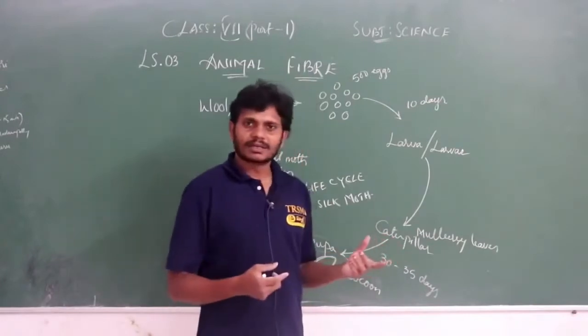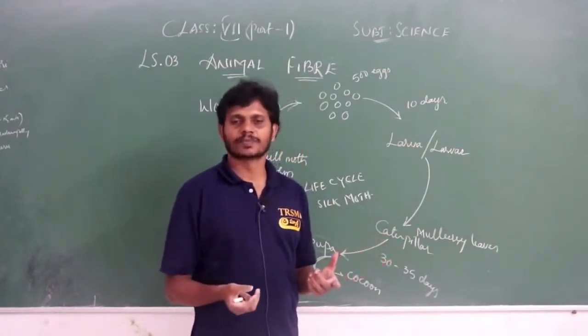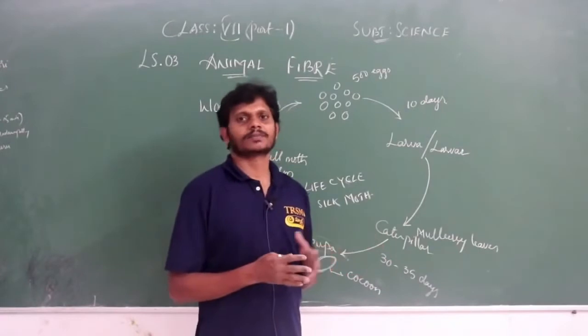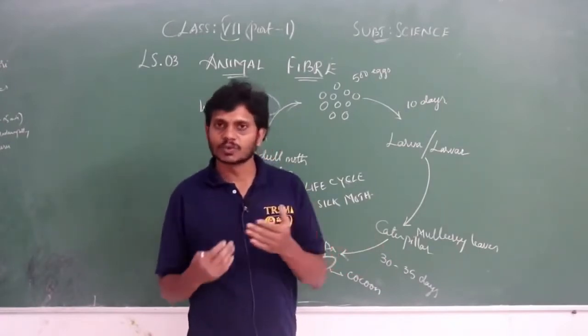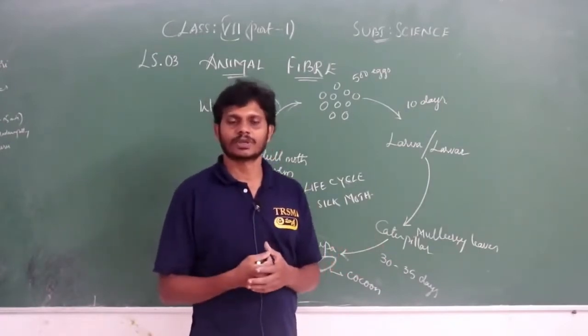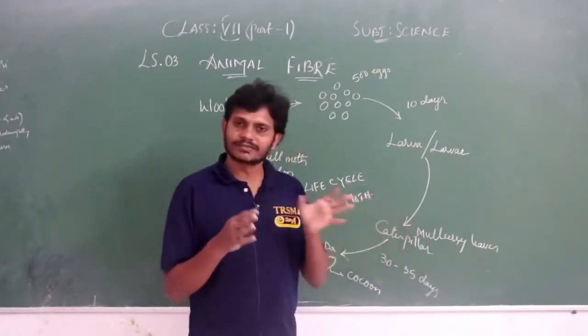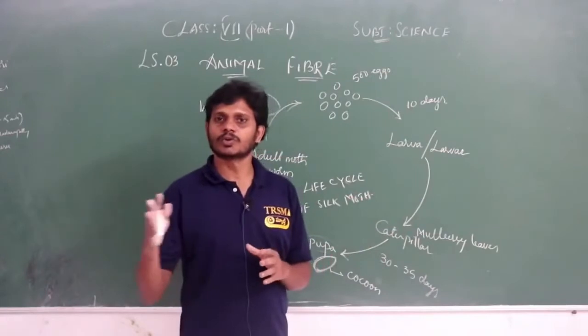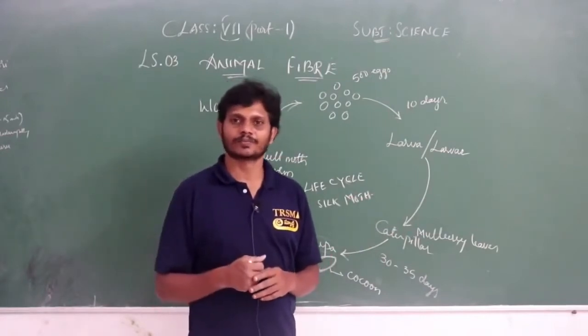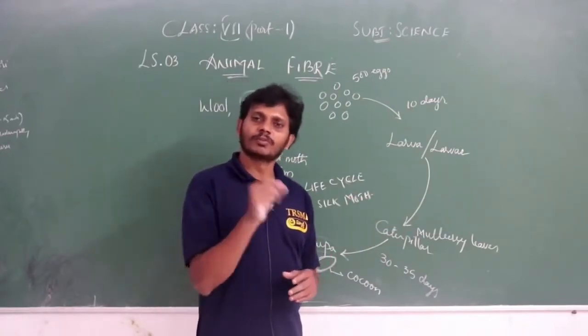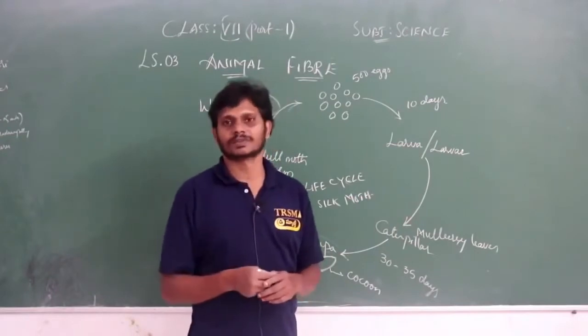The caterpillar which eats mulberry gives you a type of silk. These caterpillars eat different leaves to produce different silk, depending on the food material they are fed with.